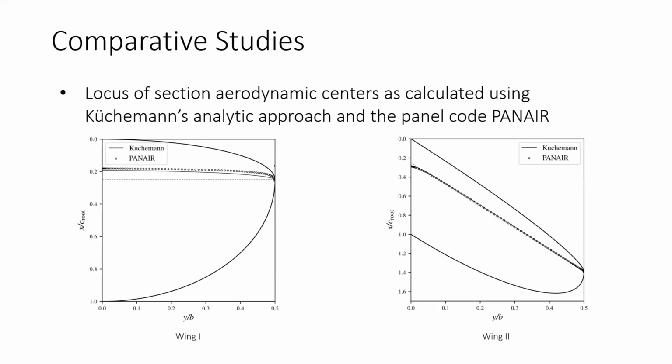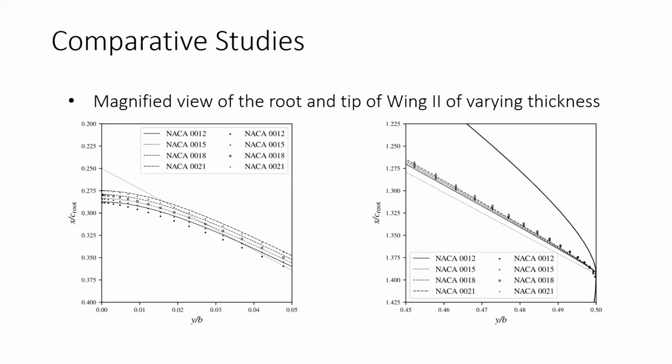This was for a NACA 0012, so 12% thickness profile. I did the same thing for 4 other thicknesses, so 12% to 21%. And you can dive into the legend if you want, but the conclusion is that it even captures thickness effects quite well because it follows these trends for the different thicknesses quite well.